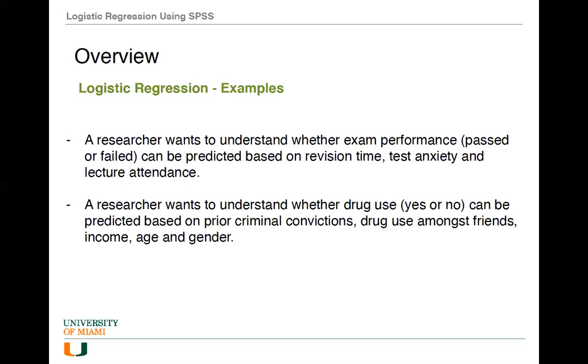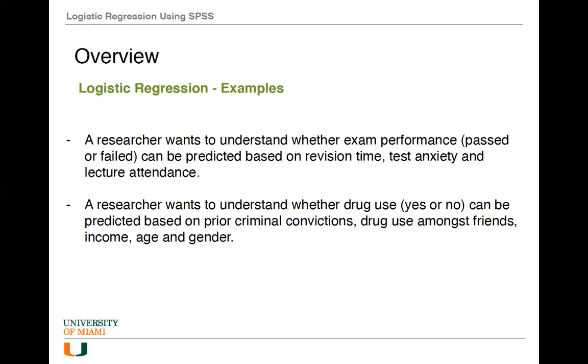Or a second example, the researcher wants to understand whether drug use, that is measured by either yes, the participant is using drugs, or no, can be predicted based on prior criminal convictions, drug use amongst friends, income, age, and gender.